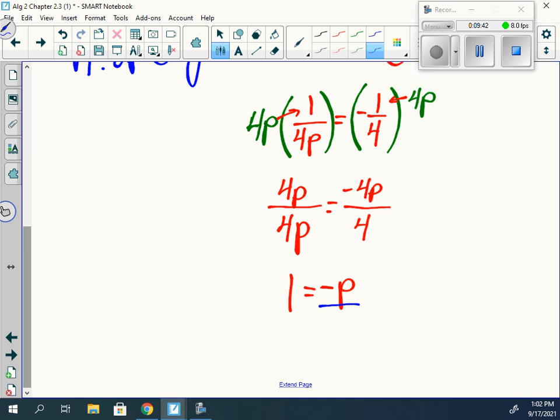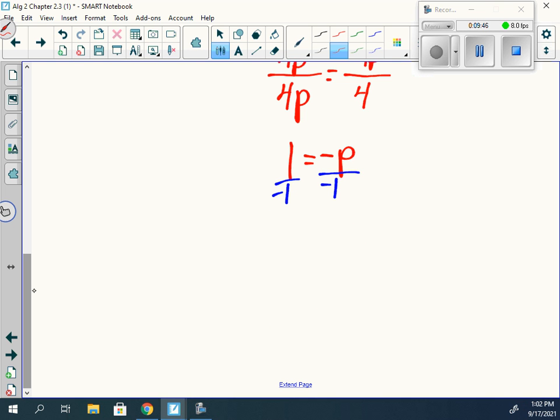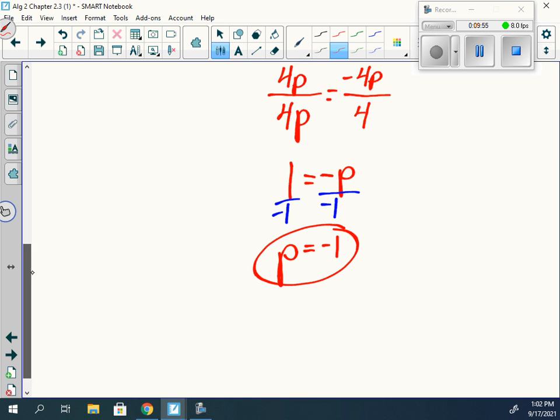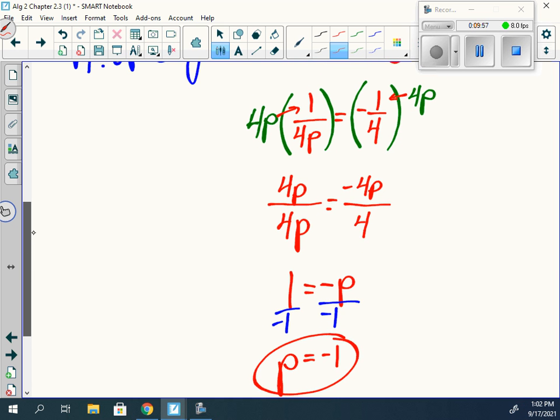We need to divide by negative 1, which tells us p is equal to... So we found the value of p. Yeah, it's -1. So now all we have left to do is to plug it back in.